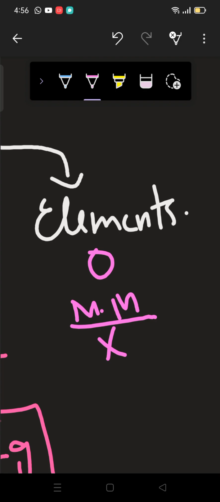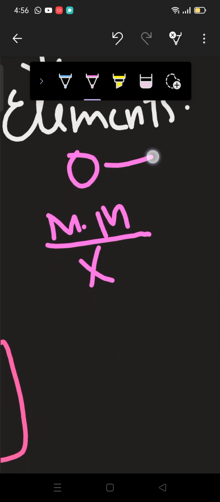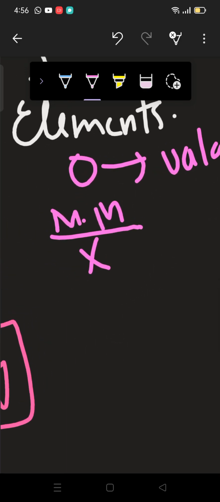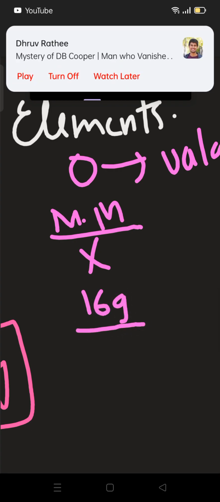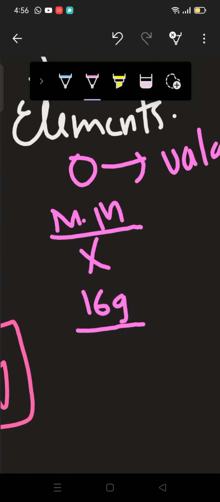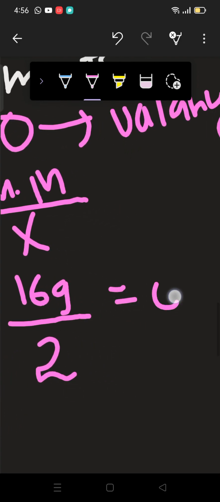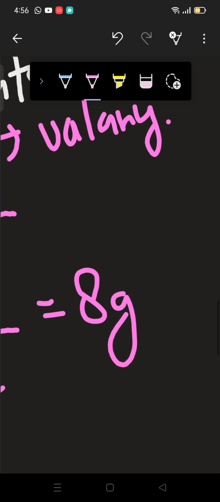The X factor will represent here the valency of it. So the molar mass of oxygen is 16 gram, right? X is here the valency of oxygen, and the valency of oxygen is 2. So this is 8 gram.